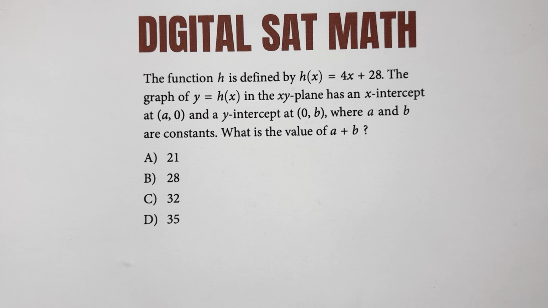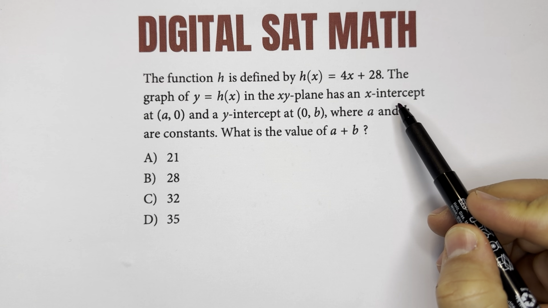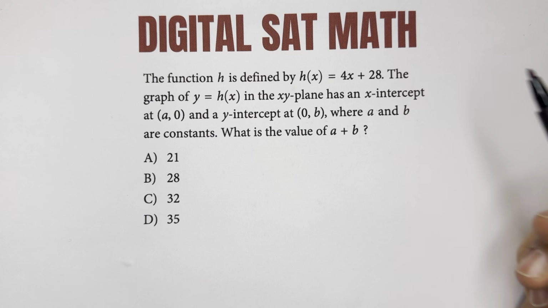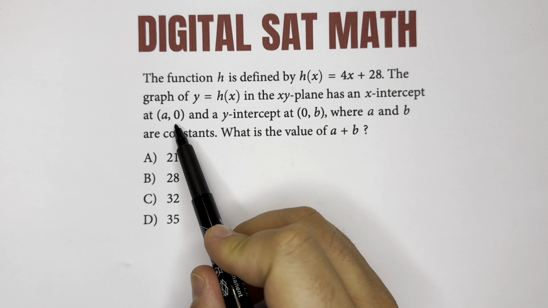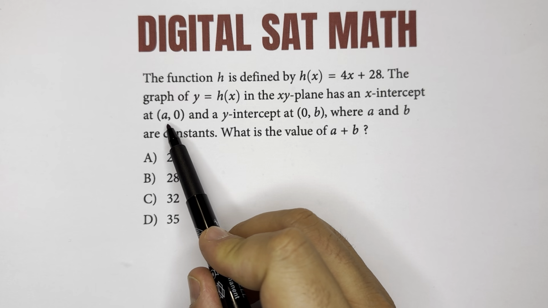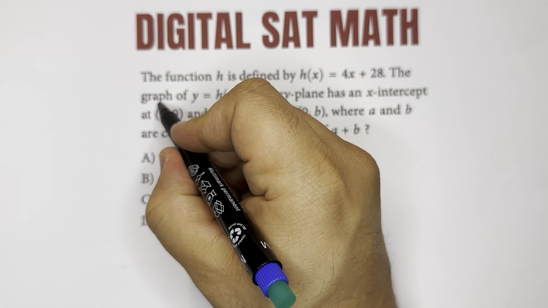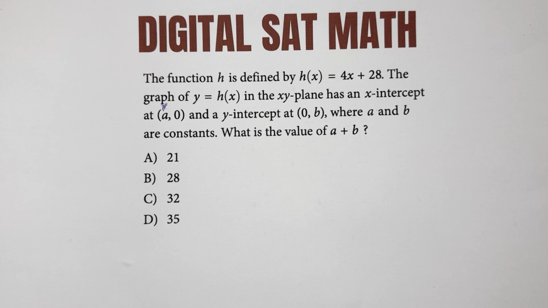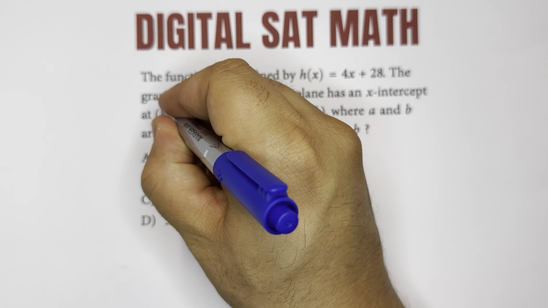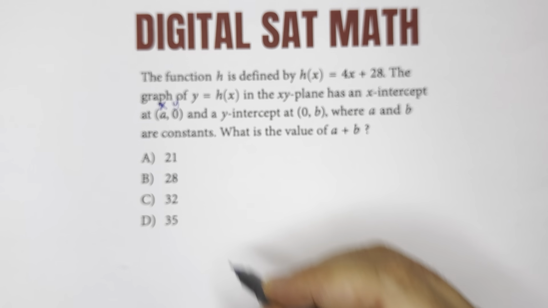In this question, again, it's about the x-intercept and the y-intercept. To find an x-intercept, they already somewhat explained what to do. Look at the x-intercept here. In this ordered pair, the first value, a, is for the value of x, and the 0 is for the value of y.